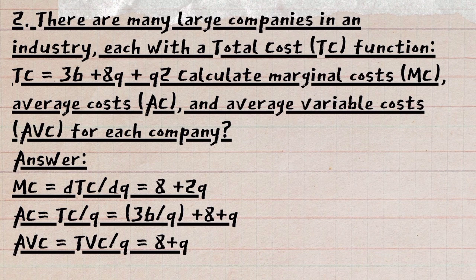Answer: MC is dTC divided by dK is 8 plus 2K. And AC is TC divided by K is 36 divided by K plus 8 plus K. And the last AVC is TVC divided by K is 8 plus K.